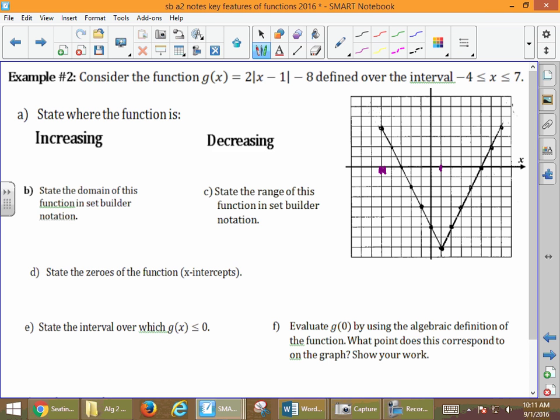In this part of the graph, we're going in the decreasing direction, and that is between negative 5 and 1. x is between negative 5 and 1.